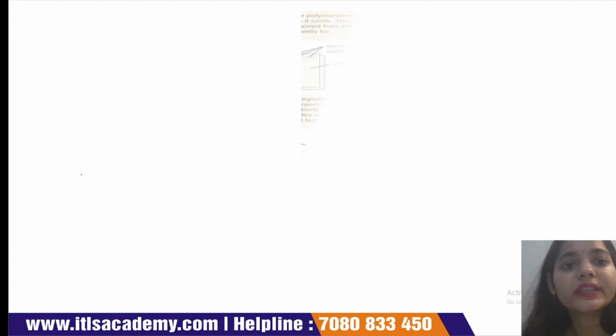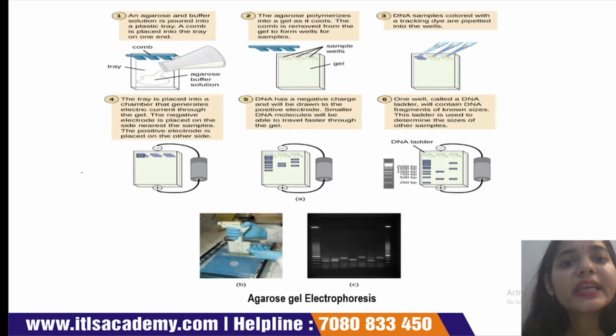Now we understand the basic steps of gel electrophoresis. First, we prepare the agarose buffer solution. For the preparation of this solution, we require agarose, which is a solidifying agent.